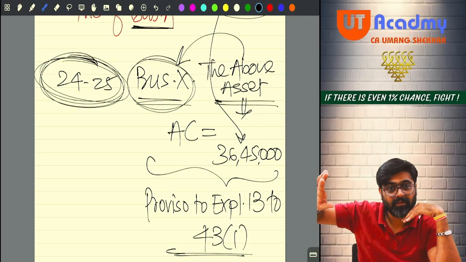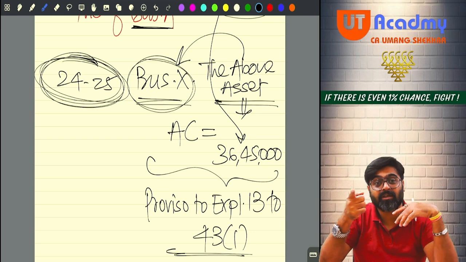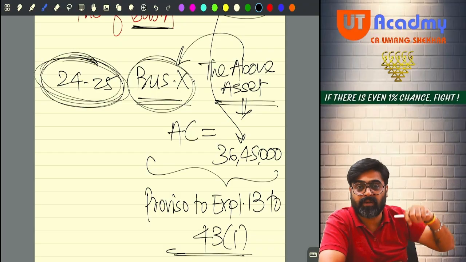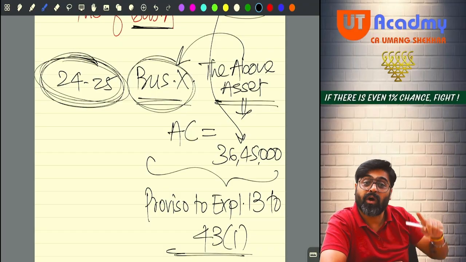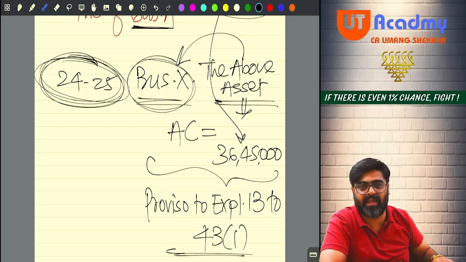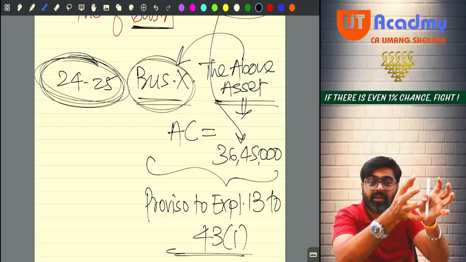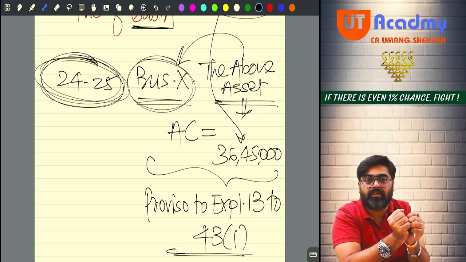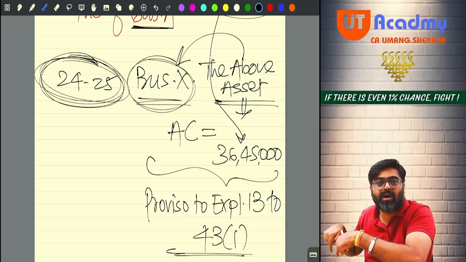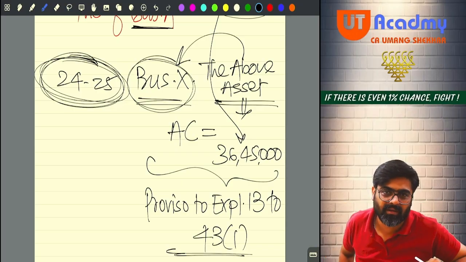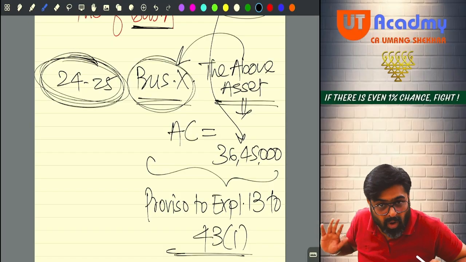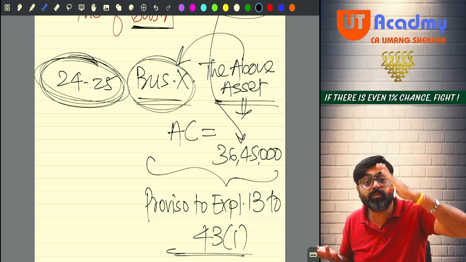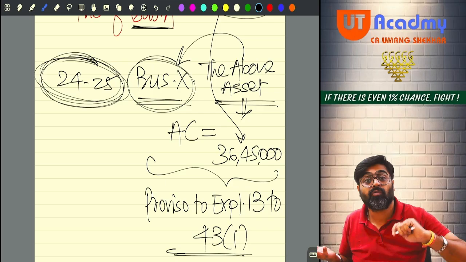That is something else. But explanation 13 has a proviso also, which says that if there was an asset which was used for specified business, for which the cost was allowed under section 35AD, and within 8 years you are withdrawing that asset from specified business and bringing that asset in your business now. So this asset was not bought for this business. This was bought for specified business. It was supposed to be used in that specified business for 8 years.